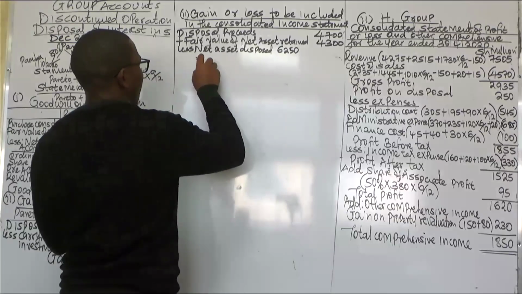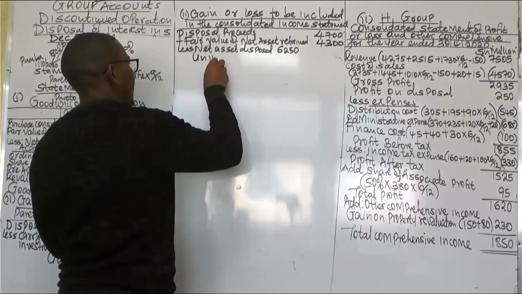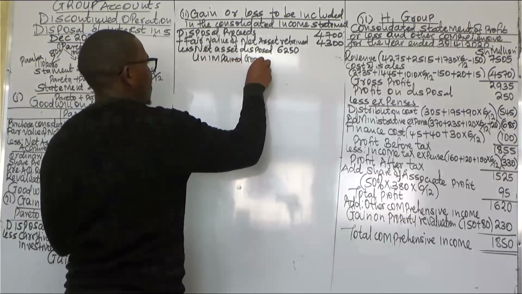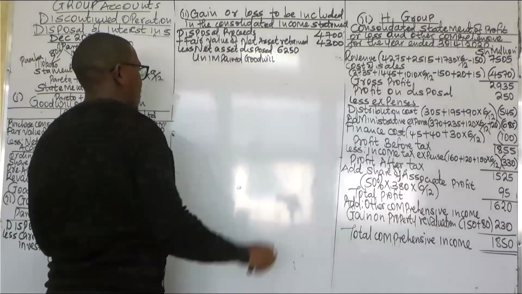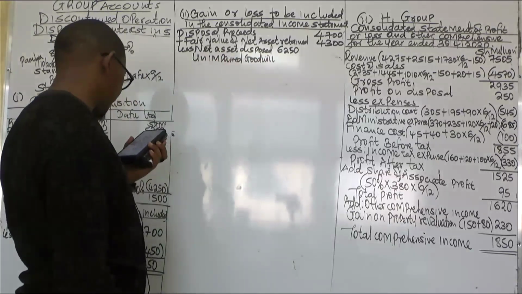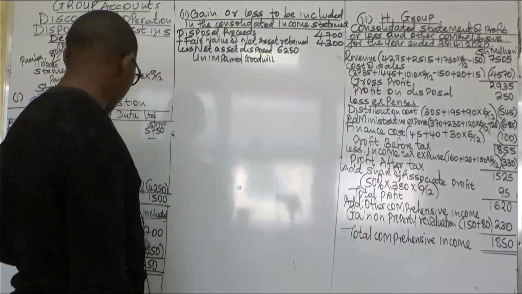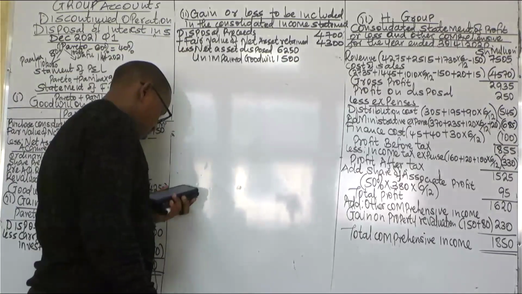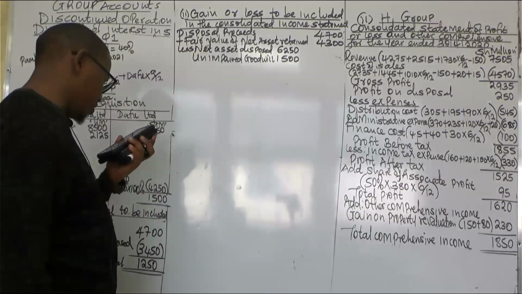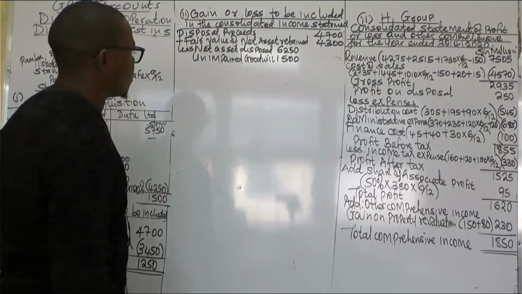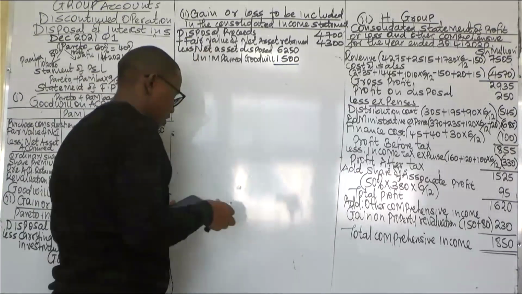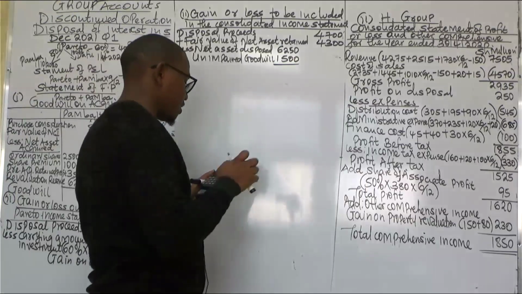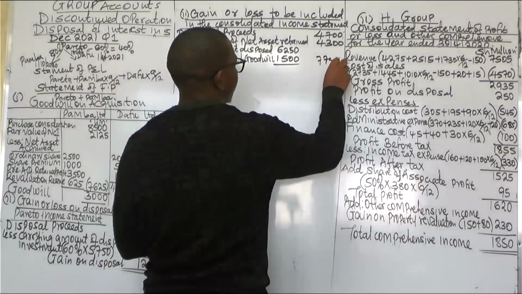And then also we'll have the unimpaired goodwill. What was the unimpaired goodwill? The unimpaired goodwill is what we've been able to compute here, 15. Here we were not given the fair value of NCI as at the date of our disposal, so I'll just less that. So 6,250 plus 1,500 is 7,750.